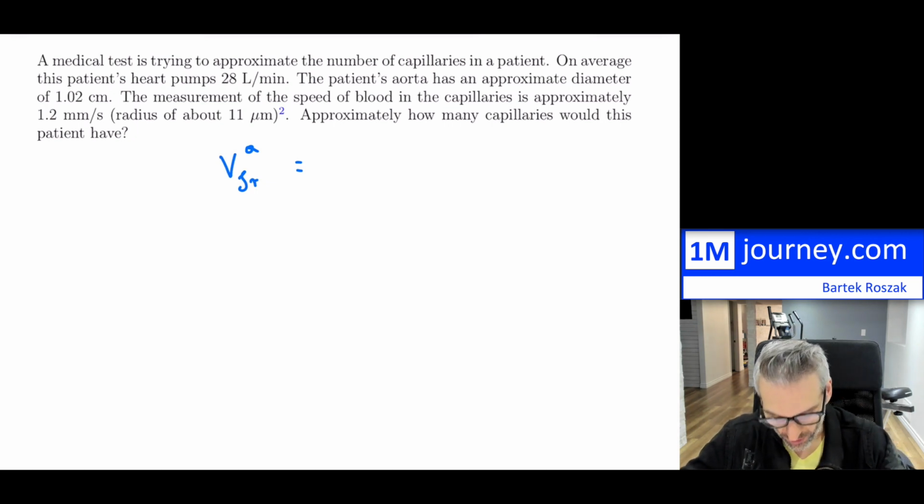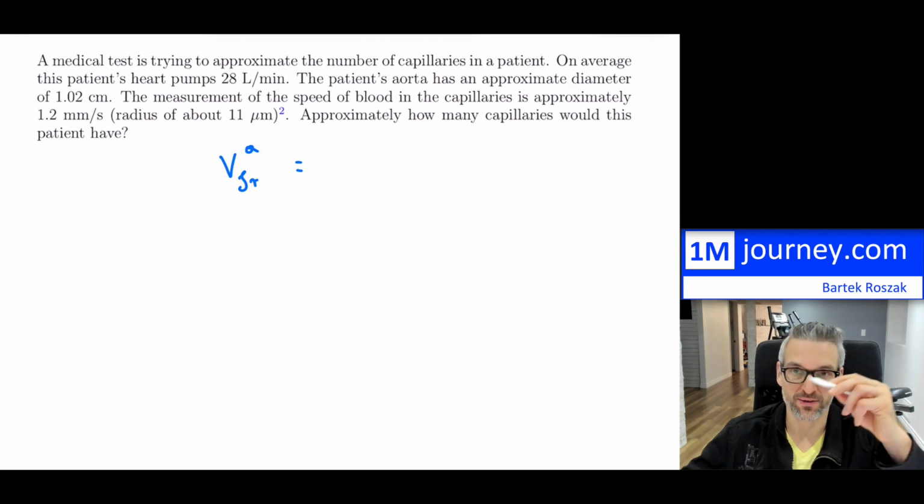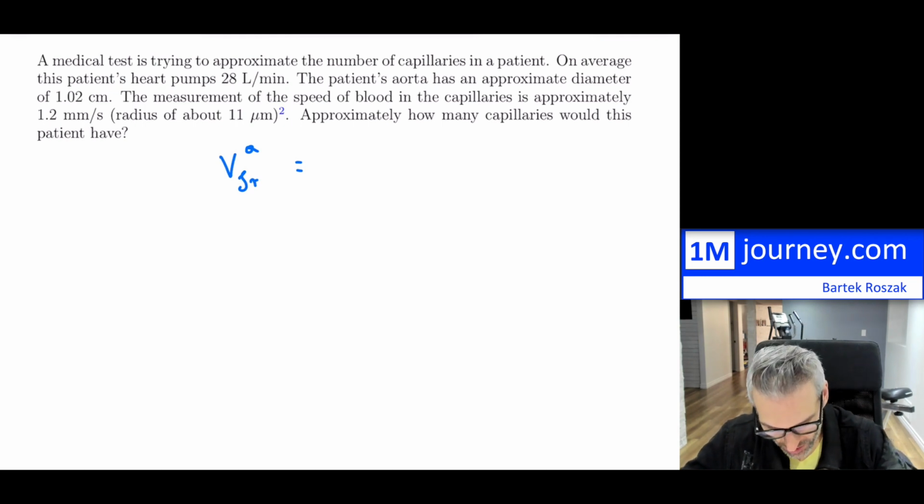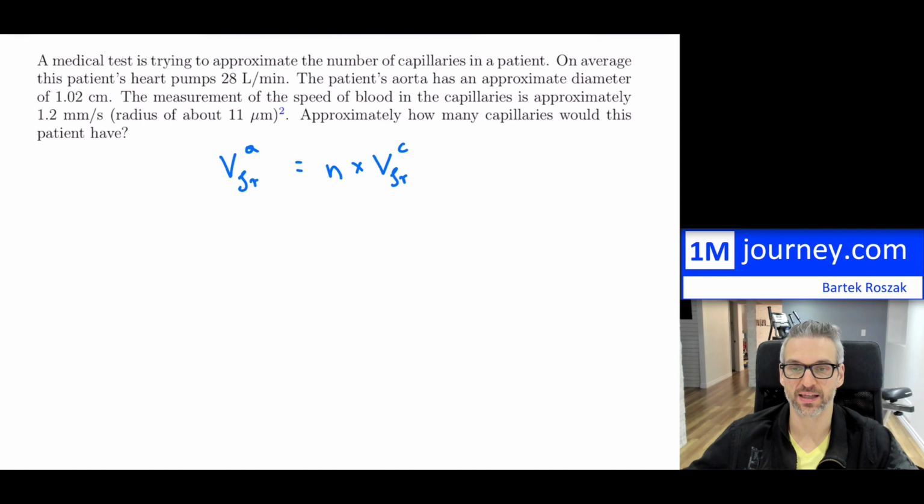Now, of course, the aorta starts to split up, and you have more and more until you get into capillaries where they're very fine and tiny. So we do have a certain amount of volume flow rate in the capillaries, but we have a lot of these capillaries. Now how many of these capillaries will we have? This is what we're asking. I'm going to designate it as n, where n stands for the number of capillaries.